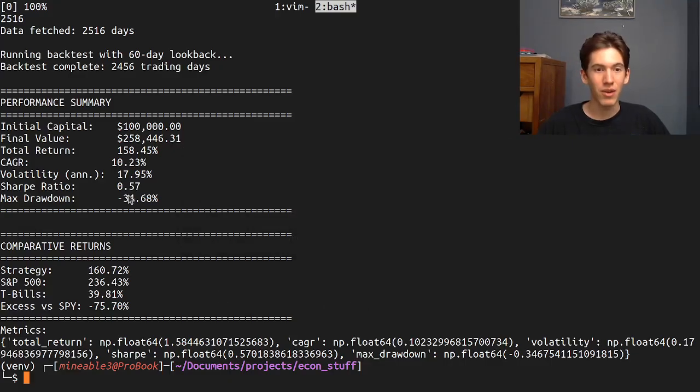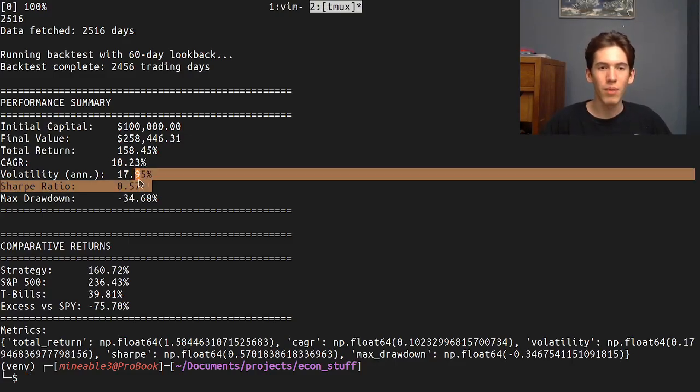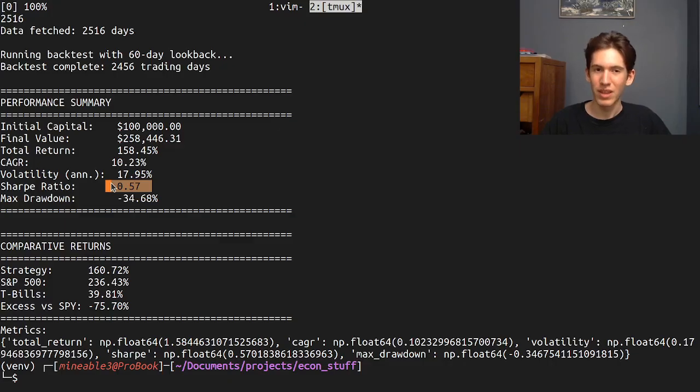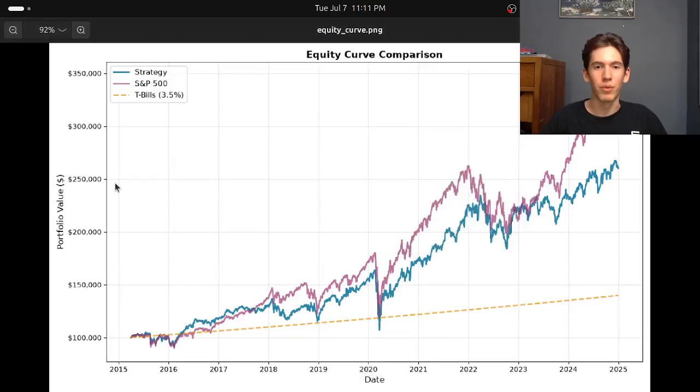And as a matter of fact, our max drawdown got worse because we're now more correlated with the market, but our Sharpe ratio is overall better. Now, 0.6 is still not very good. This is still very high volatility, but it's getting better. It's much improved from before.